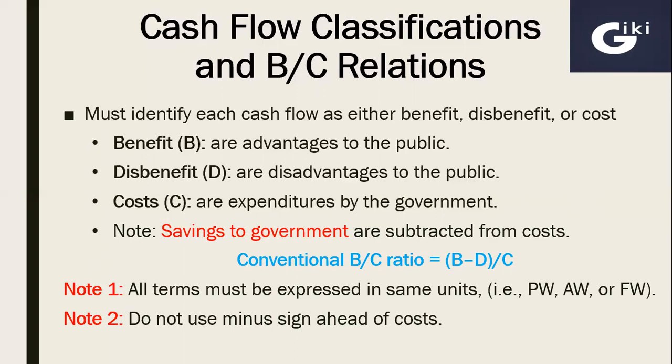These are two most important things with regard to cost benefit analysis. First, we need to make sure that benefits, disbenefits, and costs are expressed in the same units, meaning present worth, annual worth, or future worth. Then we shouldn't use the negative sign ahead of cost.